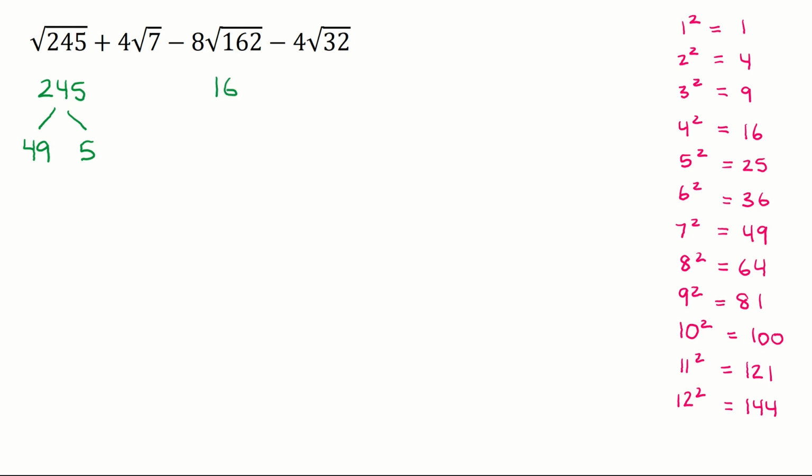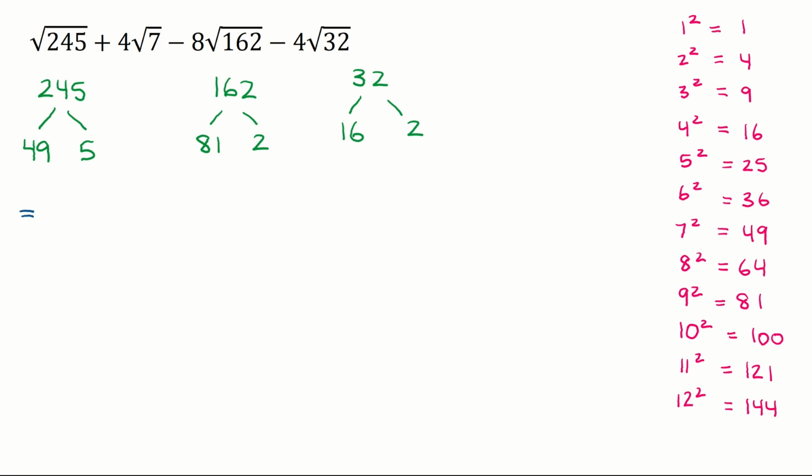162, what will that one be divisible by? 162 works out to 81 times 2. And then 32 is going to work out to 16 and 2. Let's rewrite the equation, replacing our square roots with the perfect squares.